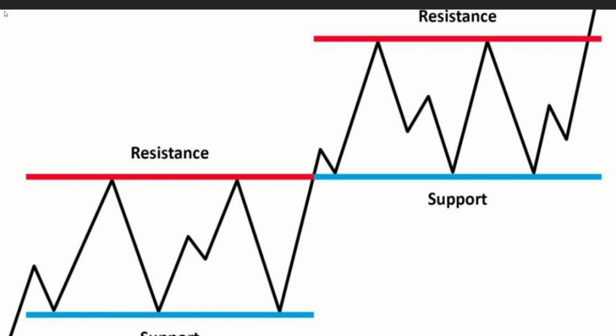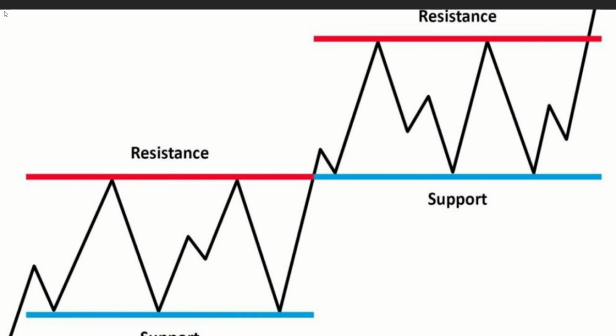So in this picture that I'm showing you, the red zone highlighted is the resistance and the blue one is the support. I am going to try to explain this as simply as possible. Remember that a resistance is a ceiling and a support is a floor.